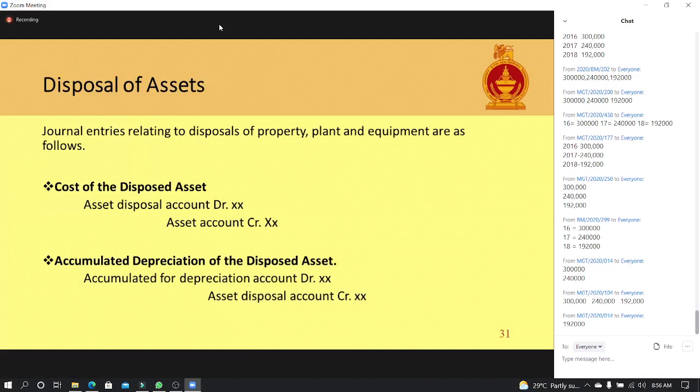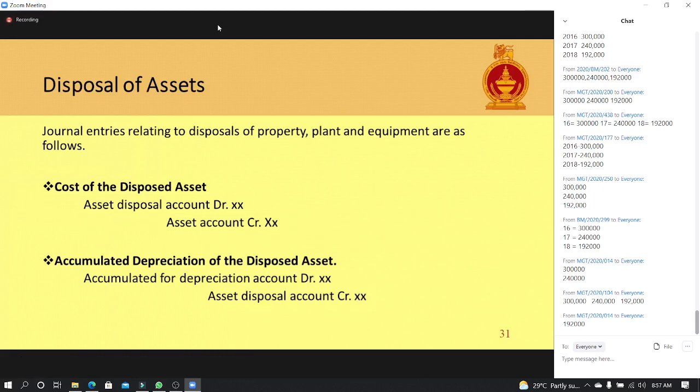So you already know the journal entries. When we dispose assets, we have to reduce that value from the assets account. So we credit the cost of the assets, and we include it in a special account. We call it a disposal account.